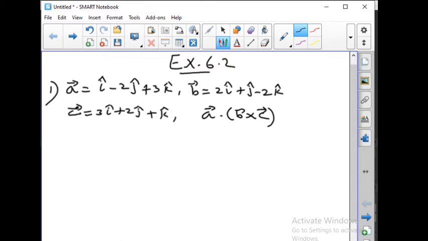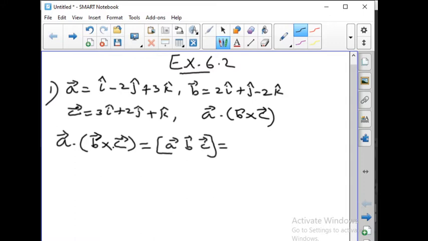Okay, now A vector dot B vector cross C vector is nothing but the box product of A vector, B vector and C vector.